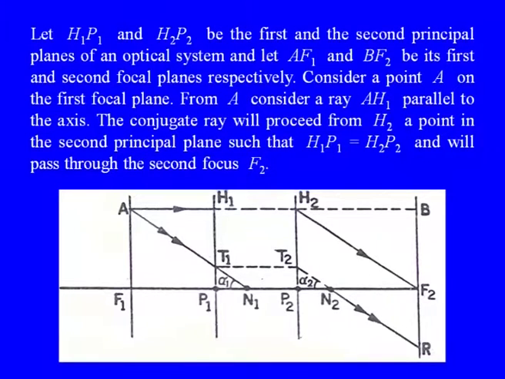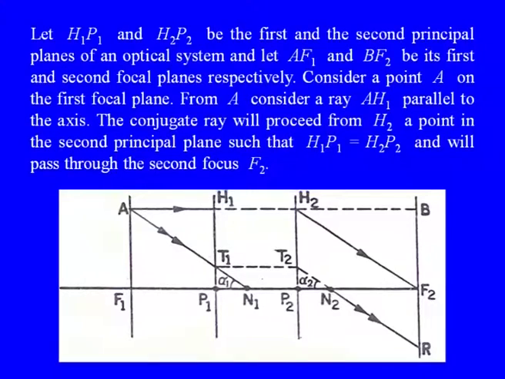Let us consider. Let H1P1 and H2P2 be the first and the second principal planes of an optical system, and let AF1 and BF2 be its first and second focal planes respectively.